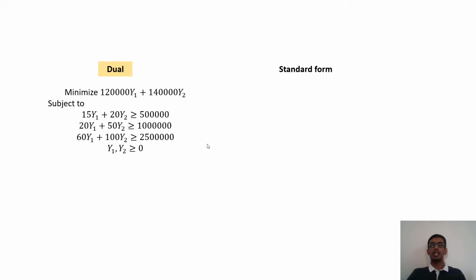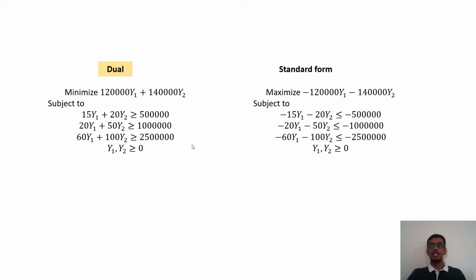We need to convert this into standard form. By standard form, what I mean is you require a maximization objective, right? And you have to have less than or equal to constraints, and that is how you convert it into a standard form. So the first step is to multiply this objective function by a negative sign, and that will become maximize of minus 1,20,000 y1 minus 1,40,000 y2. And similarly, you can multiply all these constraints by a negative.